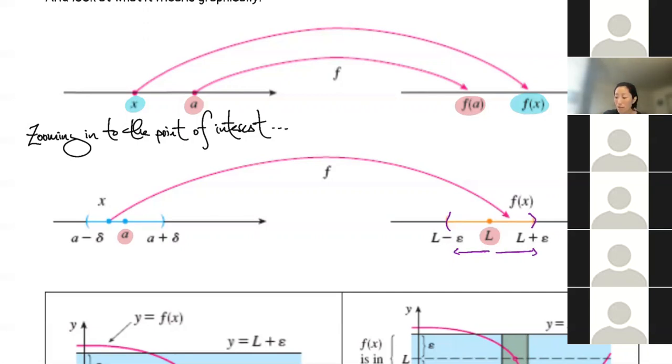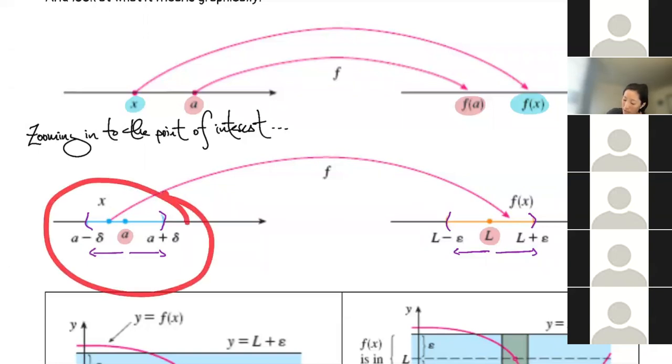Now, if I want to be that close to L, it turns out there are certain parameters I have to set forth in the beginning. There's only a tiny bit I can add to my A, and we call that tiny bit delta, or there's a tiny bit I can subtract from it. And if this is true, then I'm guaranteed to get the output that I want.